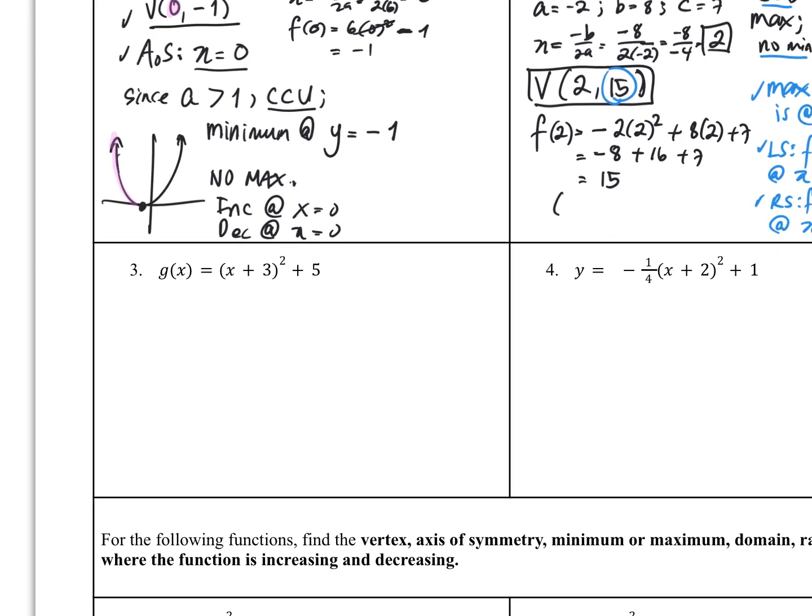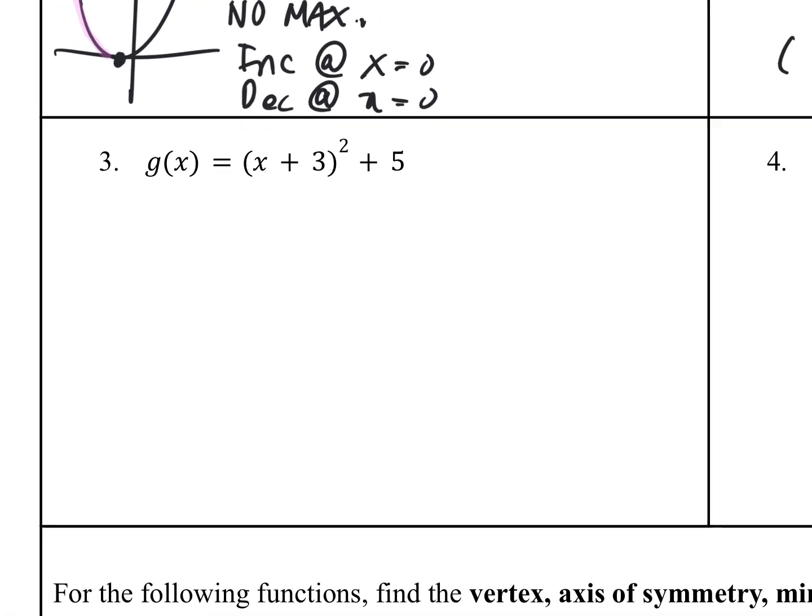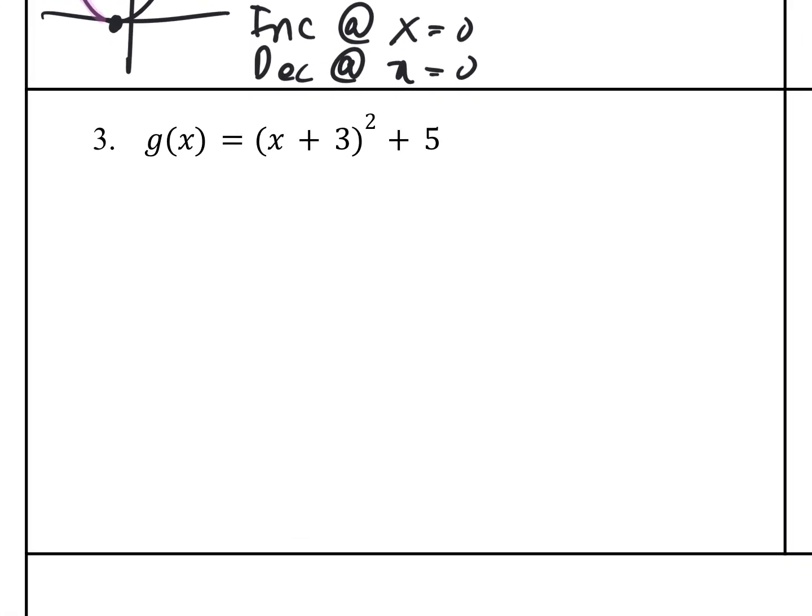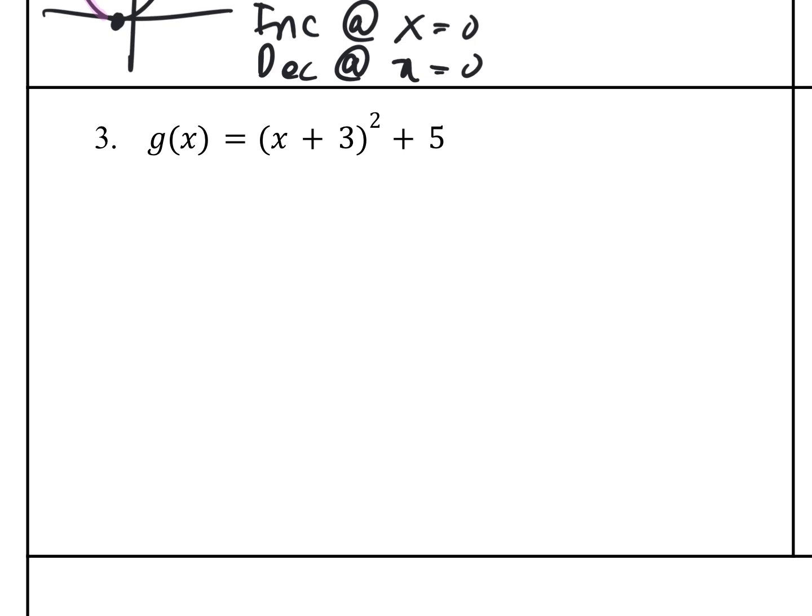Okay, next one. Here, g of x is equal to (x plus 3) squared plus 5. This is not standard form. It's actually in vertex form. Earlier in our lesson, we studied vertex form, where the vertex is located at (h, k). This is our h and this is our k.